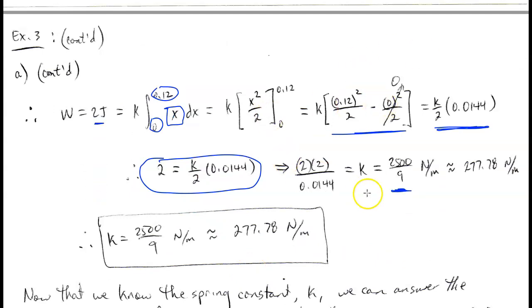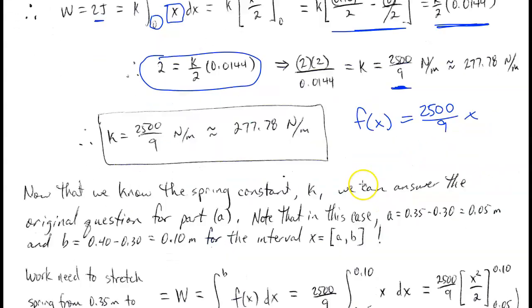So now that we have our spring constant, we know that our f of x is just going to be 2500 divided by 9 times x. And so now we know for any distance that our spring is being stretched, we know how to find the work that it takes, because we had the one thing that we were missing.